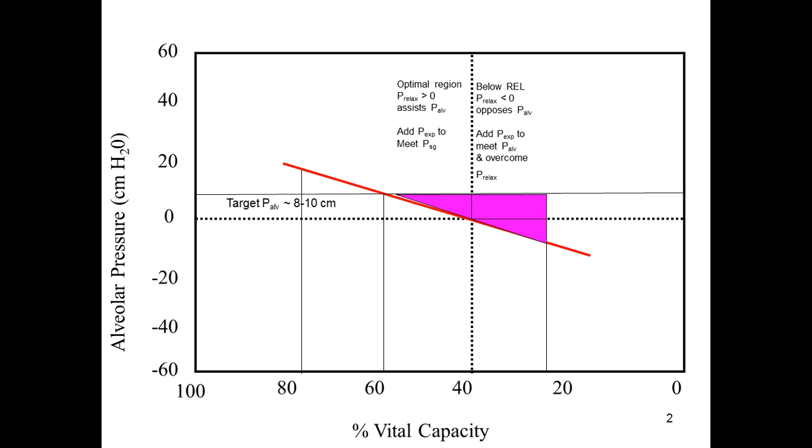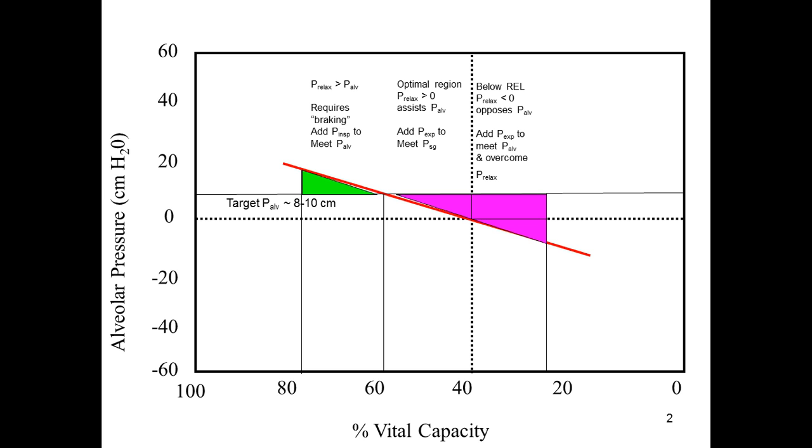In this case, we need to provide a muscular offset to prevent the relaxation pressure from giving us too much pressure. Here we use muscle activation, but it's going to be inspiratory muscles. So we're going to use this to put brakes on the system because we have a relaxation pressure that is larger than we need. So we need a net negative muscle pressure, and that would be accomplished by using the inspiratory muscles.